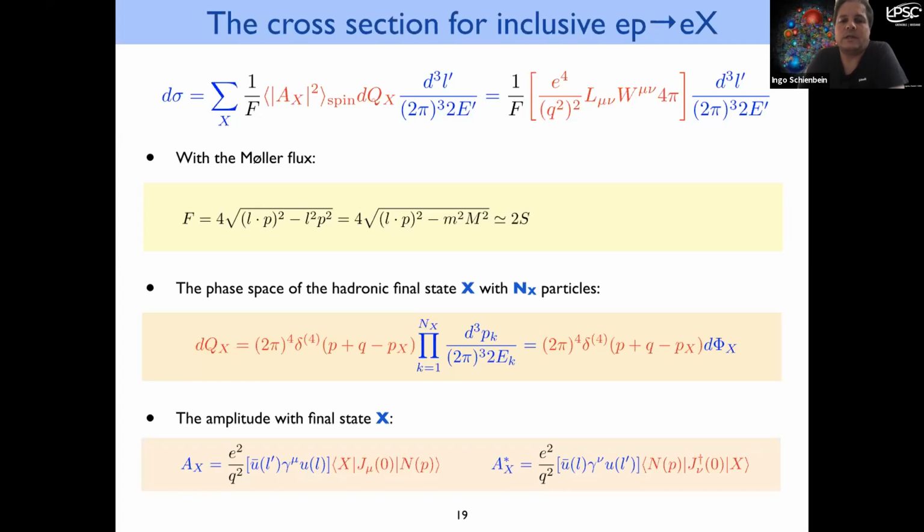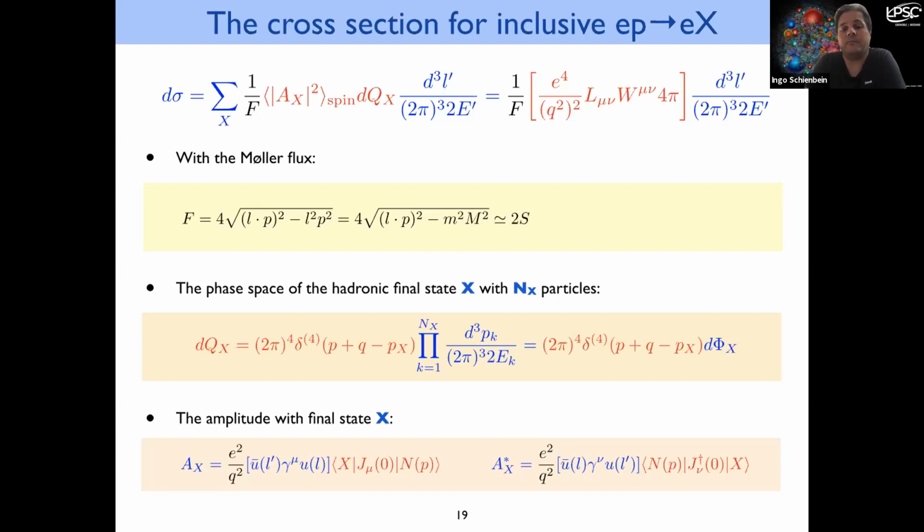The expressions for the phase space are the usual ones. So we have a 4-momentum conservation factor, and then this relativistic phase space factor d3p over 2 times the energy. I guess that is well known. And then the amplitude is a product of these 2 currents.